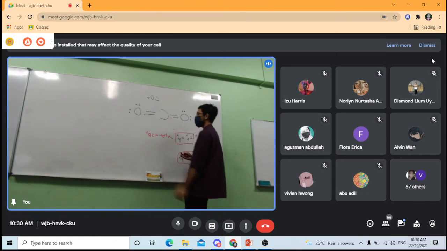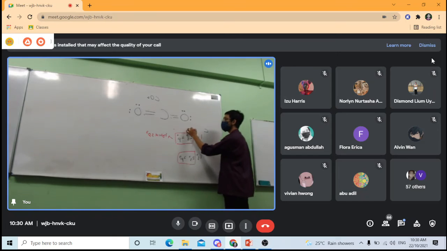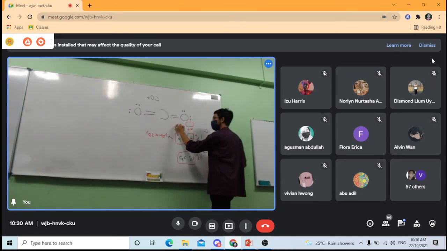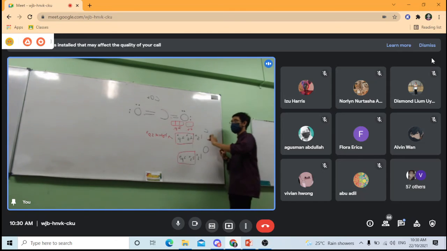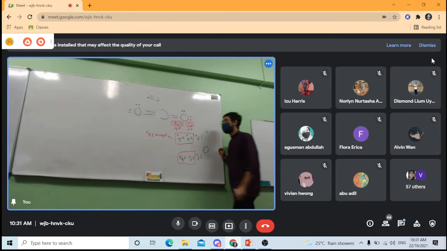Macam mana dia datang dari P? Okay. Remember S, bentuk dia is like this. But P, kita ada 3 kotak. That's why dia boleh ada 6. Okay, satu kotak only 2 electrons. So what we did is kita ambil this kotak, this, and this, campurkan together, we have hybrid sp.